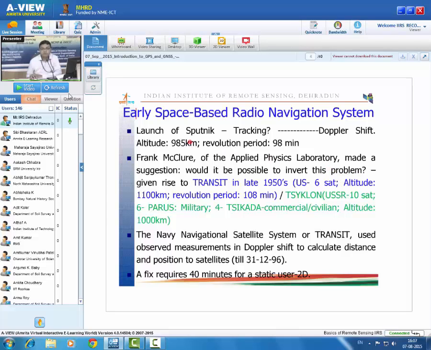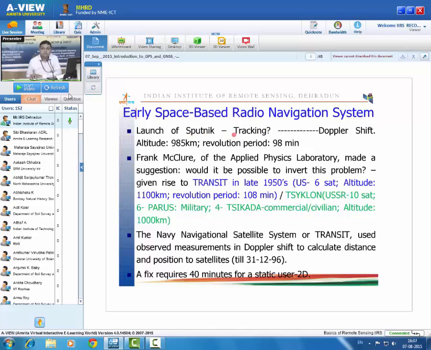The problem which existed at the time of Sputnik was that we know our position on the ground, that is on the earth, but we want to locate the position of the satellite in space. Once we launch a satellite, it is visible to us up to some distance and then it moves out of our eyesight. So we do not know where the satellite is and we need to track it.